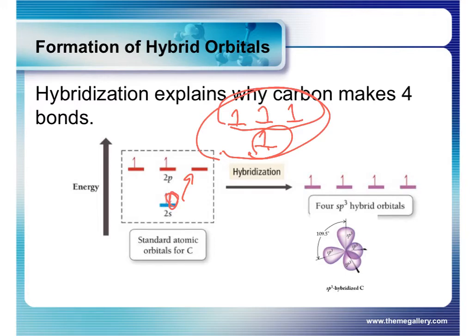So the hybridization theory says that these 4 atomic orbitals blend together to make 4 equivalent sp3 hybrids. And that now explains why carbon makes 4 equivalent bonds, each with an identical orbital.